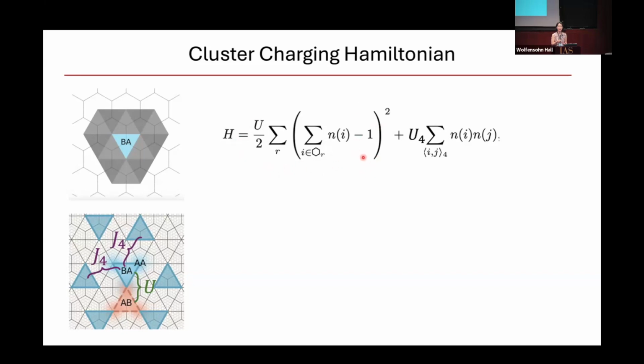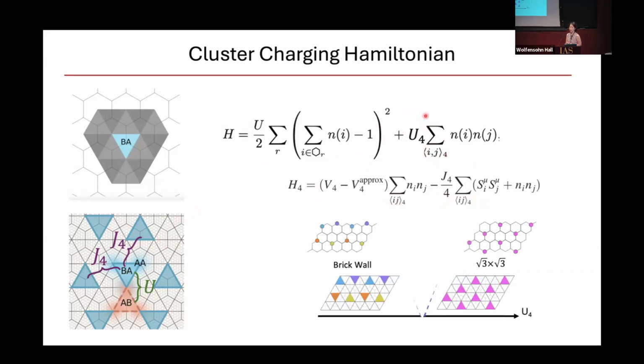The next leading term would be a fourth neighbor interaction, between neighbors that are 4 lattice constants apart. So here, 1, 2, this is what we are writing as J4, U4. And this interaction term can have microscopic contributions from the Coulomb term and the Hund's coupling, which means this can have different signs. So now we have a phase diagram that we can consider.